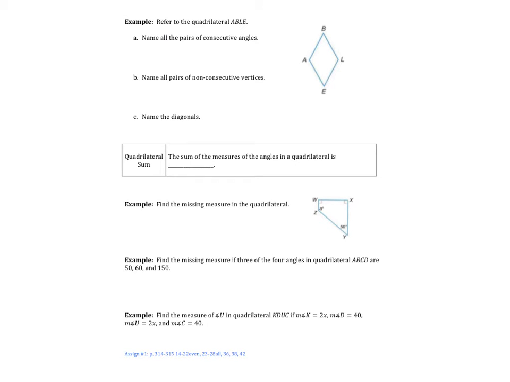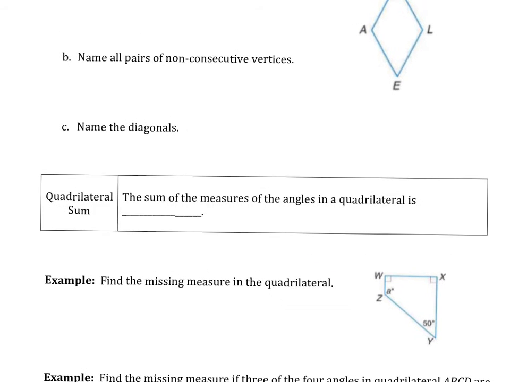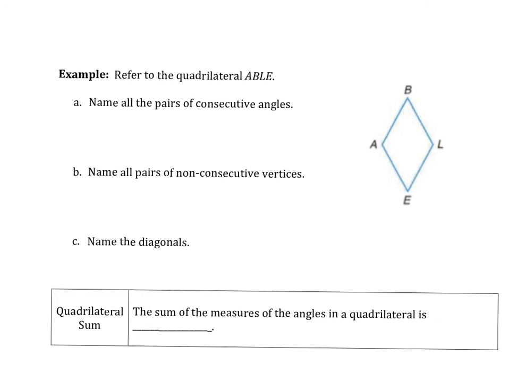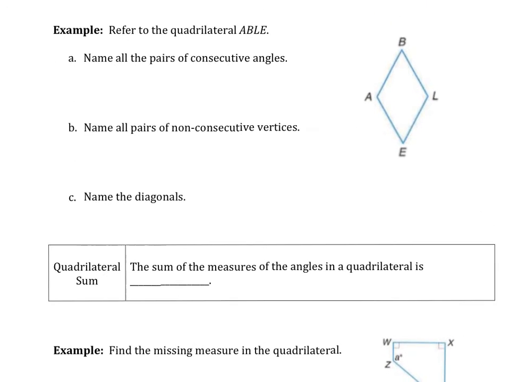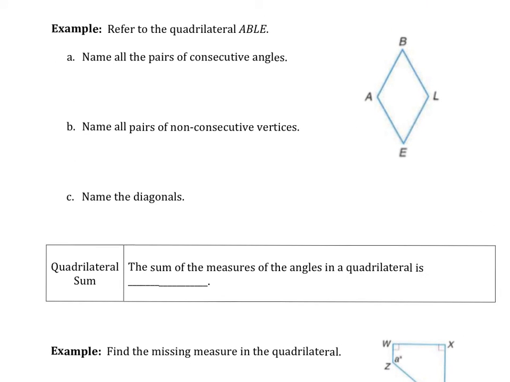I'll make this a little bit bigger for us. So we're going to be looking at an example here, and we're going to be naming consecutive angles and non-consecutive vertices. So the first one is naming all the pairs of consecutive angles. And again, just a reminder that consecutive means right next to each other.